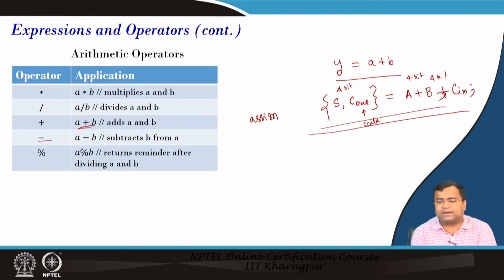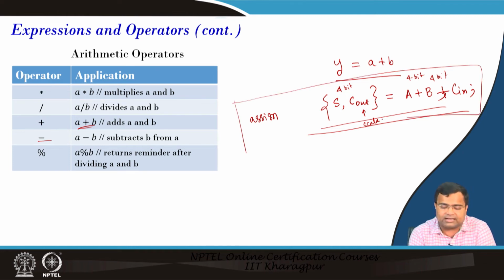Similarly, we can do subtraction simply by symbol. Then there is the concatenation operation, and these symbols represent division and the remainder operation.